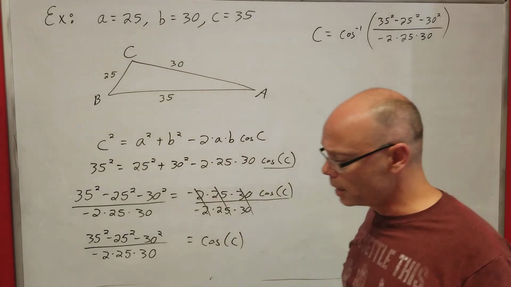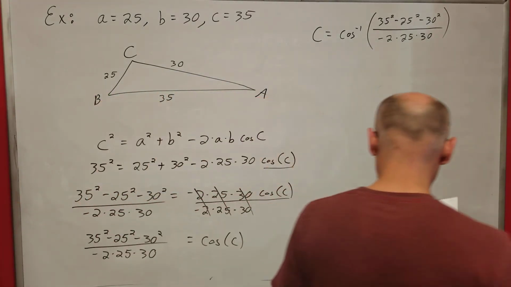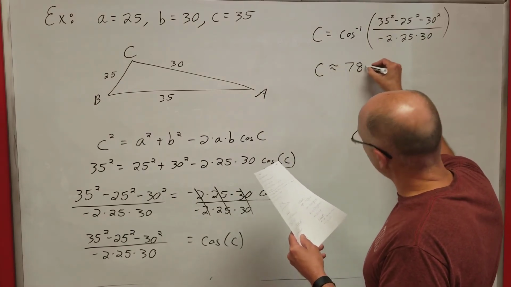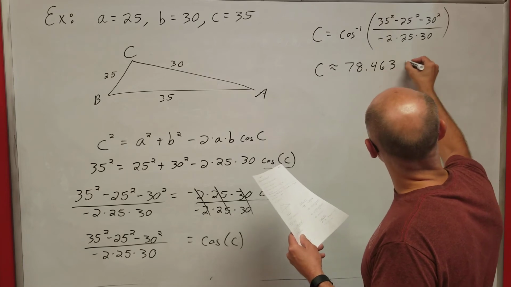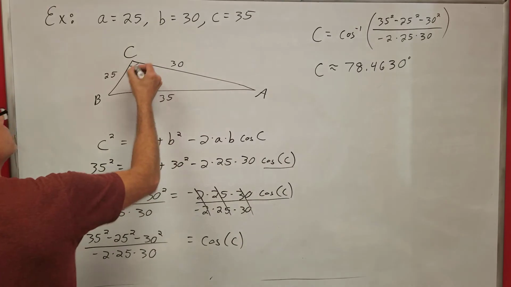Then you would put that in your calculator, okay? So once you put that in your calculator, you should get C is approximately 78.4630 degrees. So I found this angle C right here.